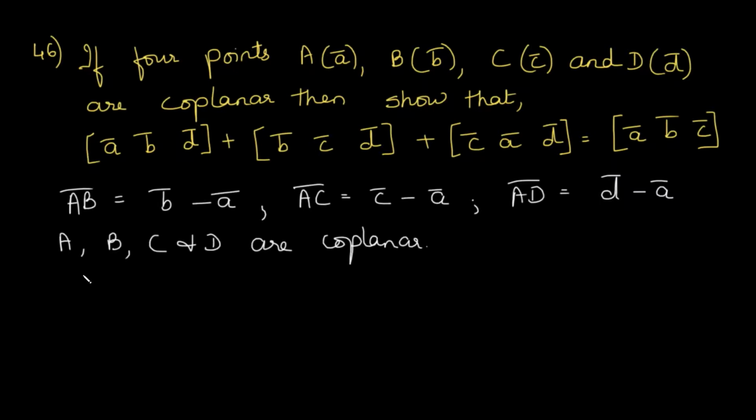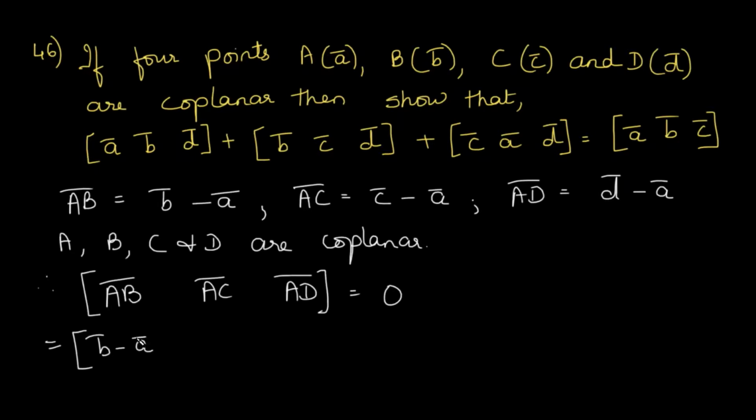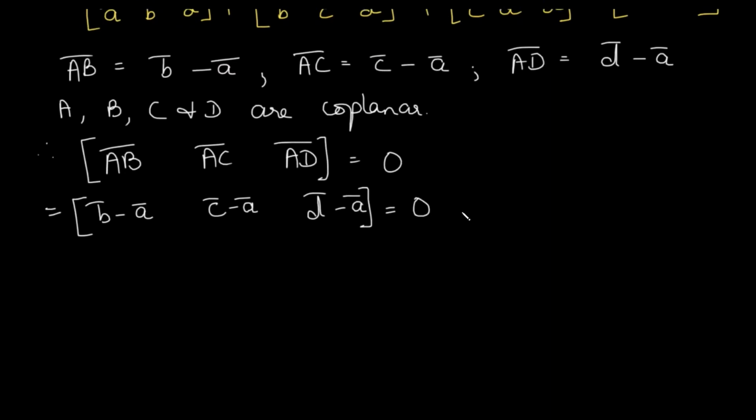So by the property of coplanar vectors, the scalar triple product of AB, AC and AD is actually 0. Which means we have AB written as B minus A, AC as C minus A and AD as D minus A, and this is 0 according to the property which we know just now.